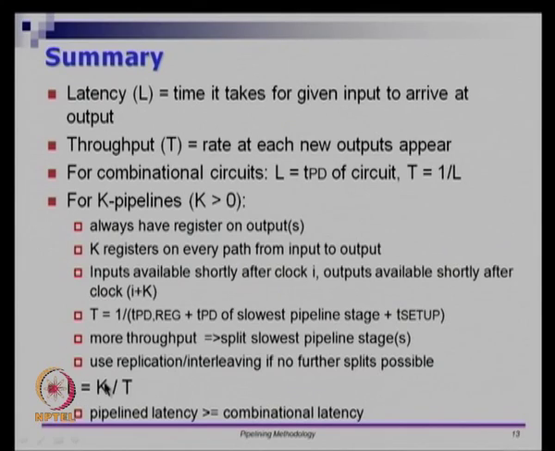Finally, latency is K divided by T. T is throughput here, so K stages divided by T will give you the latency. Pipeline latency is usually greater than combinational latency, but pipeline throughput is usually much better than combinational throughput.